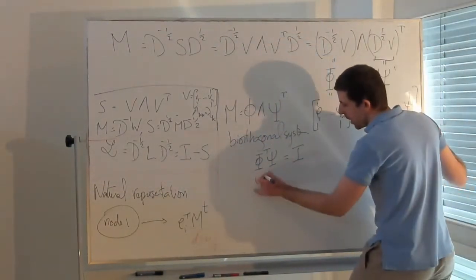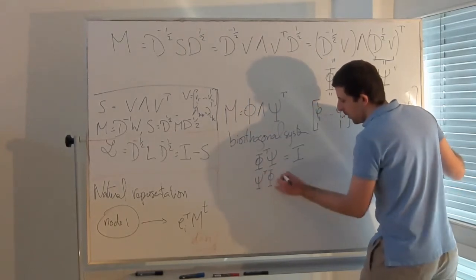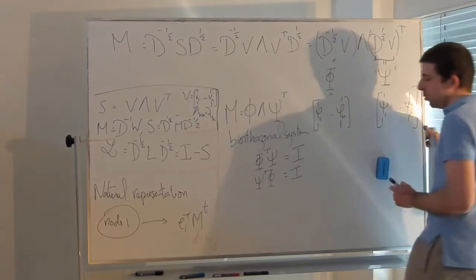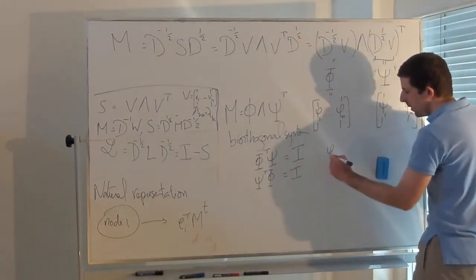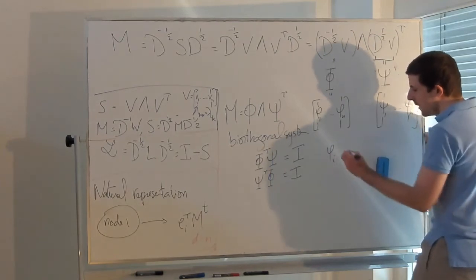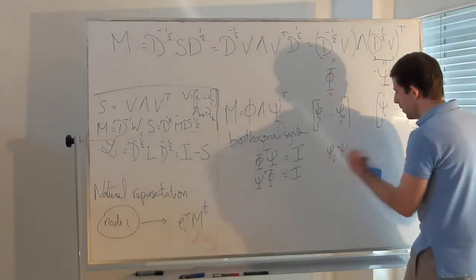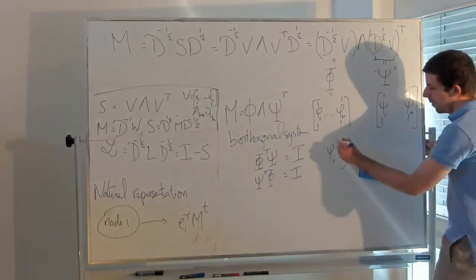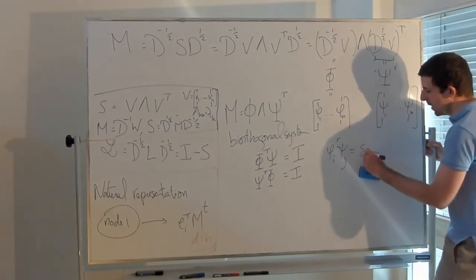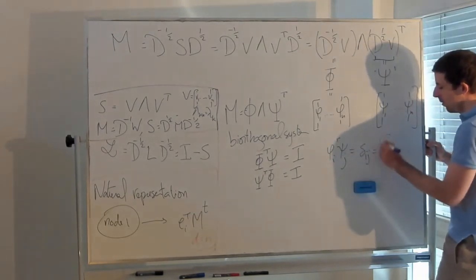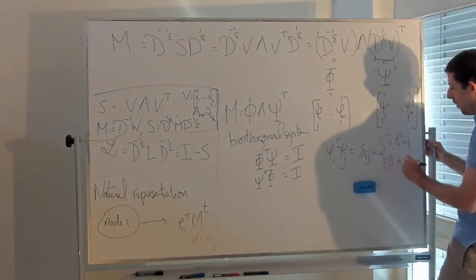The same thing happens on the other side, for exactly the same reason. So in particular, the inner product between phi i and psi j is equal to delta of i and j: it is 1 if i is the same as j, and 0 otherwise.